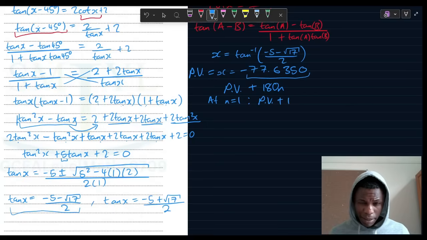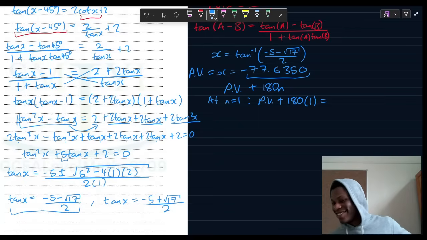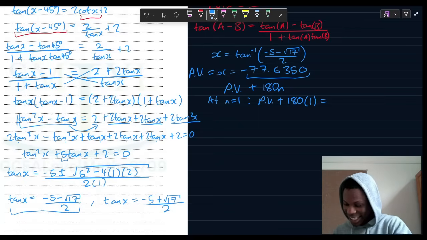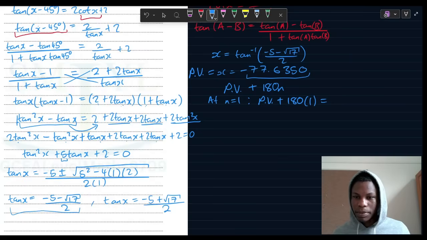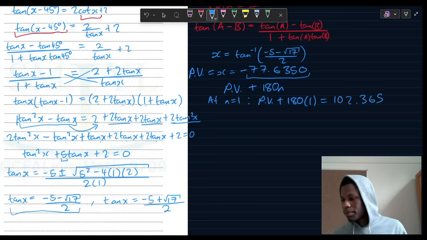So if we evaluate this at n equal to 1, you take your principal value plus 180 times 1. That gives me 102.365.